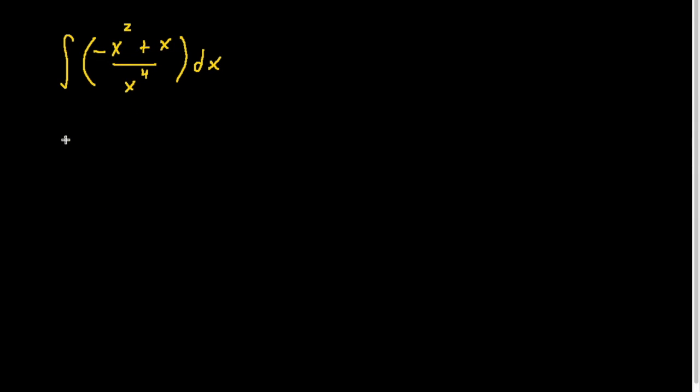They're both getting divided by x to the fourth, so we can rewrite this as negative x squared over x to the fourth plus x over x to the fourth, and that's with respect to x.